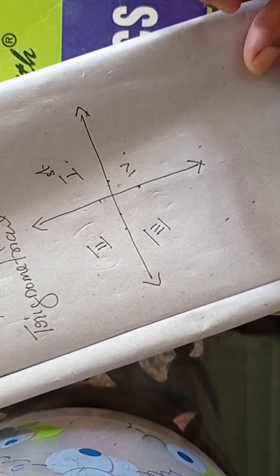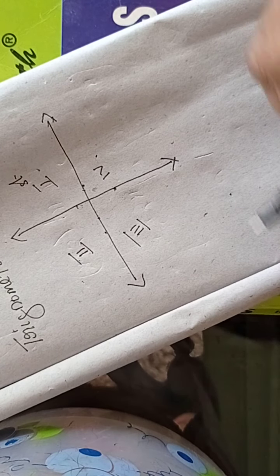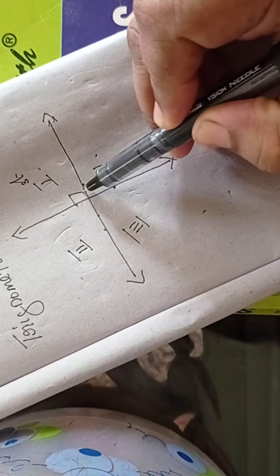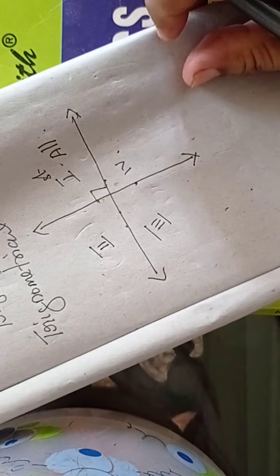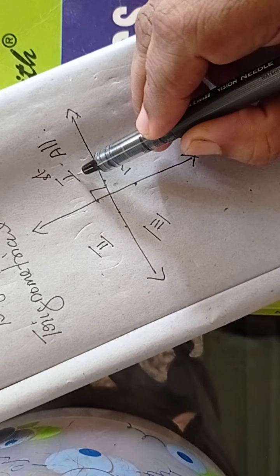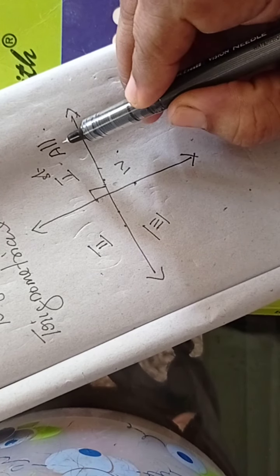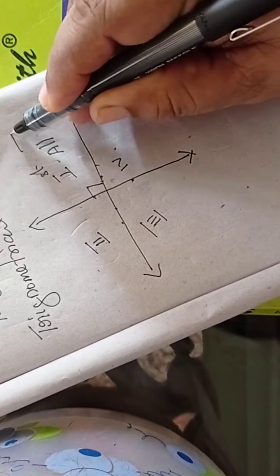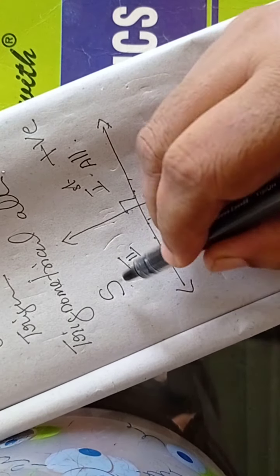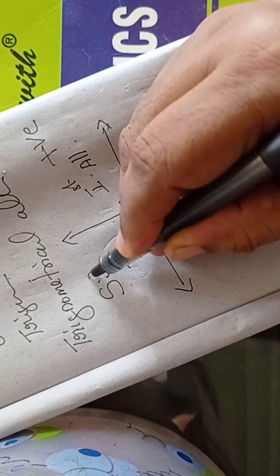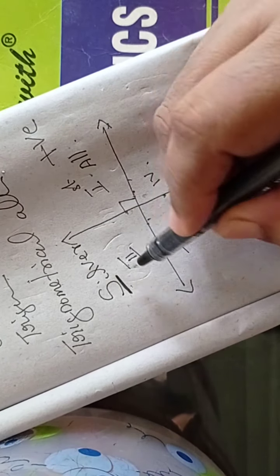Now listen, in trigonometry, we know that 6 trigonometrical ratios are there. In the first quadrant, that means 0 to 90, all the trigonometrical ratios are positive. Now in the second quadrant, sine and cosec are positive.